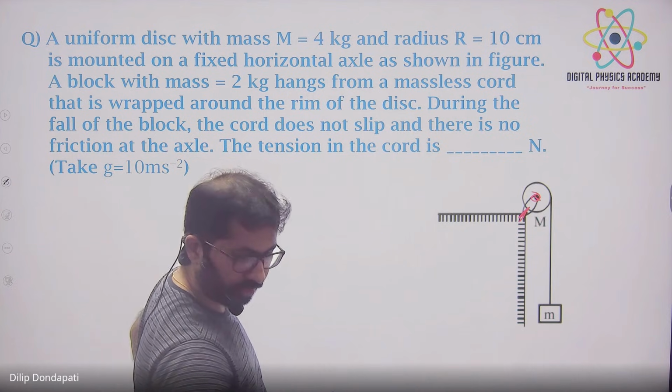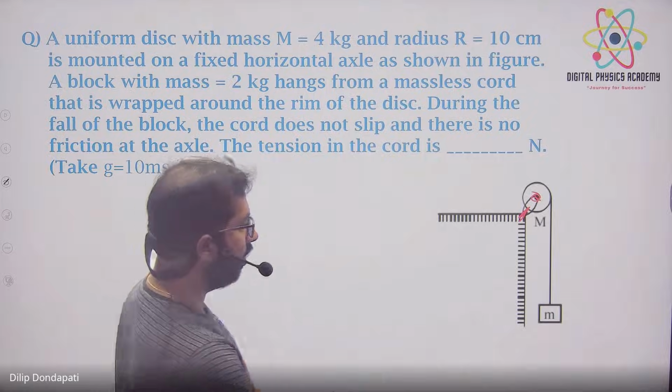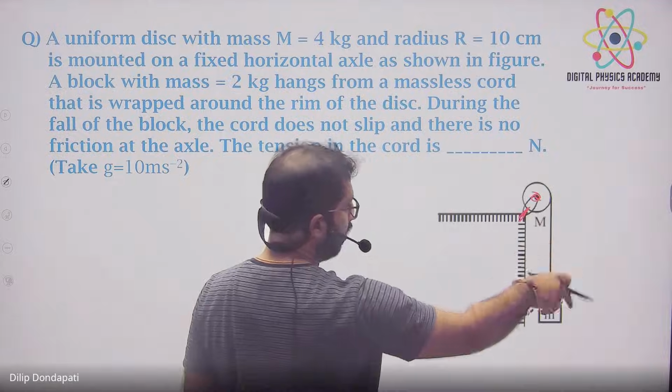Sir, for this question, in the previous question when there was only one block hanging, the acceleration was mg by m plus 1 by 2m, right? Can't we just directly use that here? Will it be mg minus t or t minus mg? The acceleration is downwards, right?